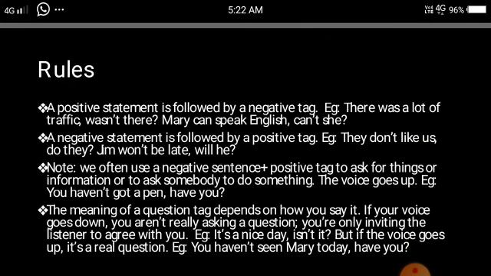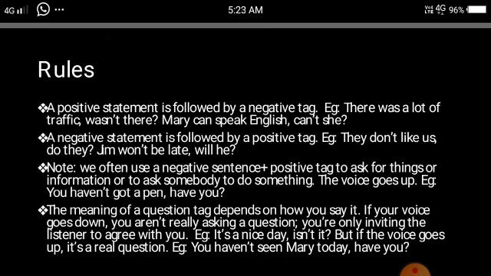Look at the second example. Mary can speak English. Can't she? Now, Mary, noun, plus the modal can. Now, when you want to add a question tag, Mary can speak English, you want to be sure. So what do you do now?